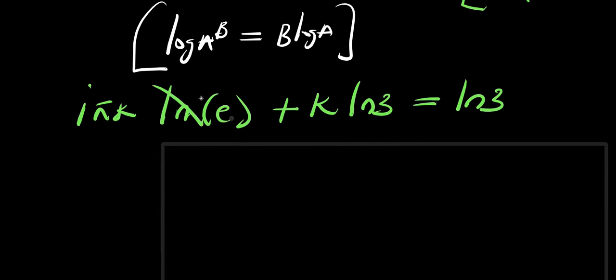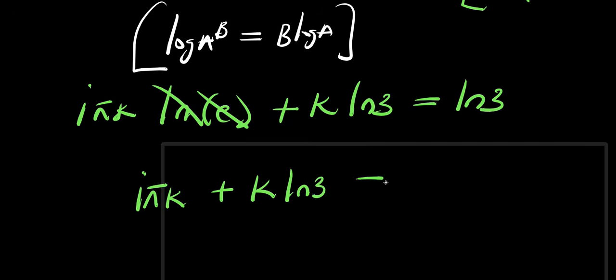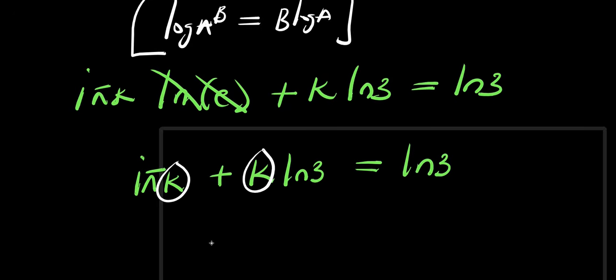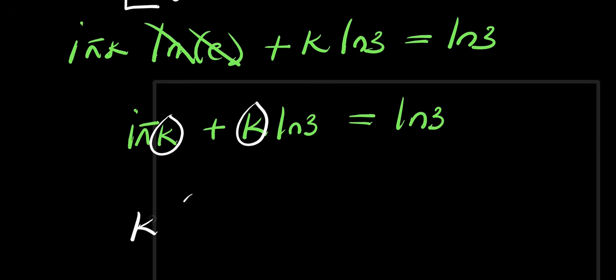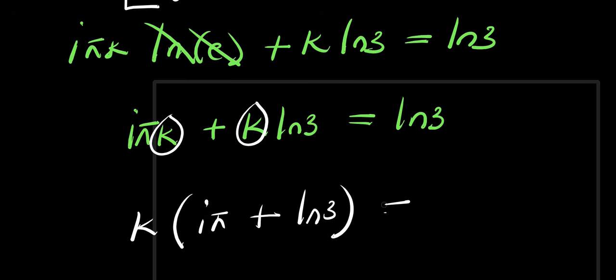So natural log cancels e, we have i pi k plus k times natural log of 3 equals natural log of 3. There's k here, we can factor that out. We have k times (i pi plus natural log of 3) equals natural log of 3.